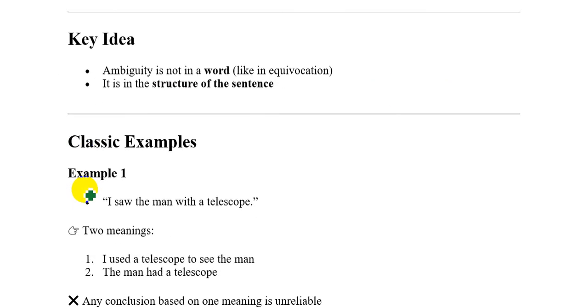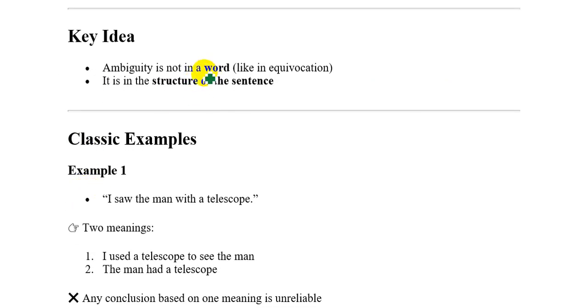The key idea here is that ambiguity is not in a word like in equivocation, but it is in the structure of the sentence. So, this is the core distinguishing factor between amphiboly and equivocation. In equivocation, the ambiguity is in the word, whereas in amphiboly, the ambiguity is in the structure of the sentence.